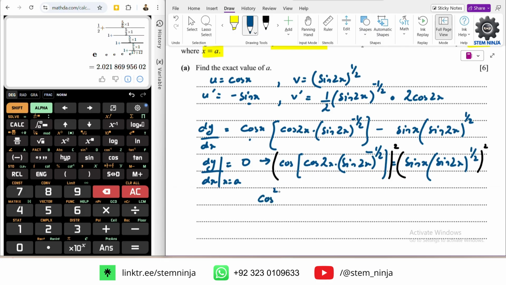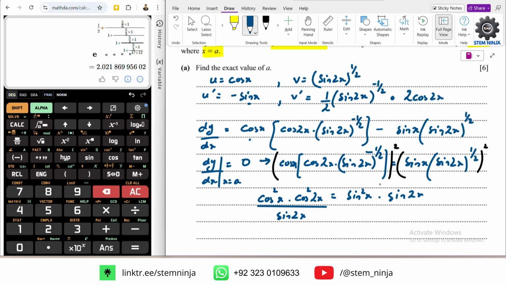You will get cos squared x times cos squared 2x divided by sine 2x equals sine squared x times sine 2x, right?